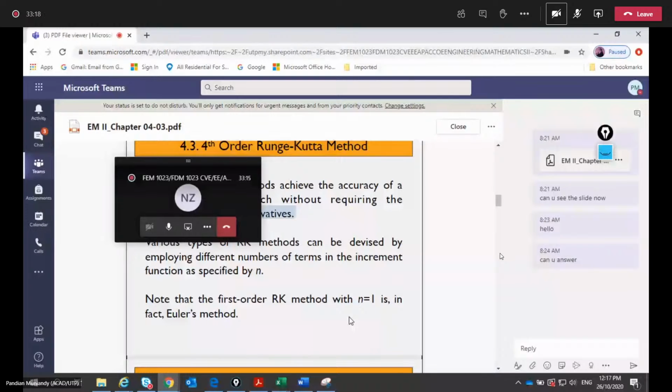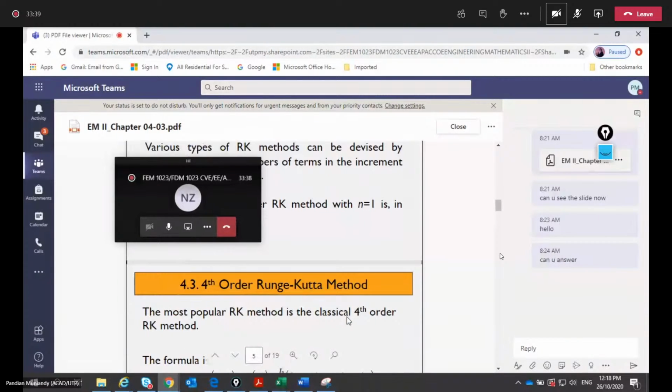It's already available in the literature. If you want, you can refer to any numerical analysis books. So we are focusing on the fourth order Runge-Kutta method only. We need not go back to the first, second, or third order. We just focus on fourth order.